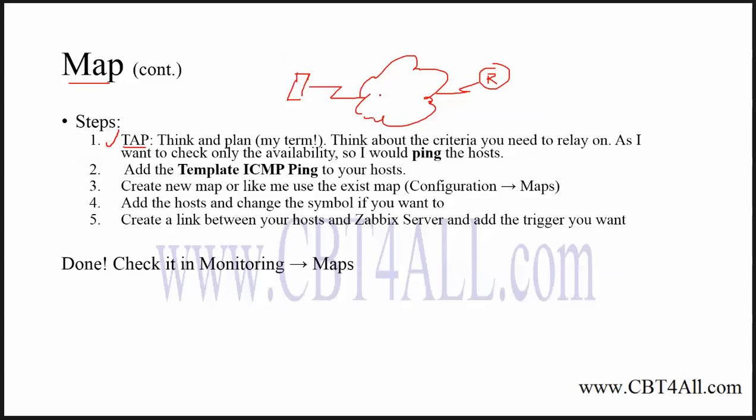You should say, if bandwidth is less than X, please let me know. If CPU usage is more than something, let me know. So you should think about which criteria you want to use.